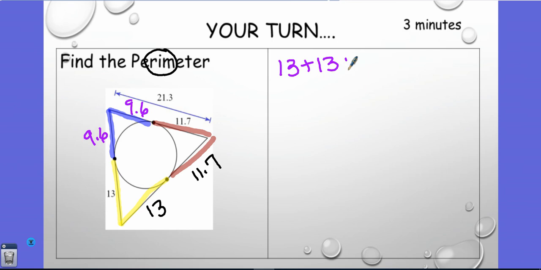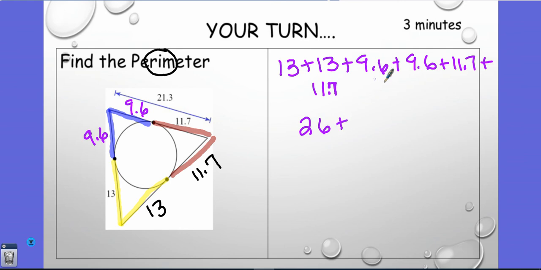So 13 plus 13 plus 9.6 plus 9.6 plus 11.7, 11.7, and this is 20. I'm going to use my mental math. You can use a calculator. This is 26. This is 19.2, and this is going to be 23.4.